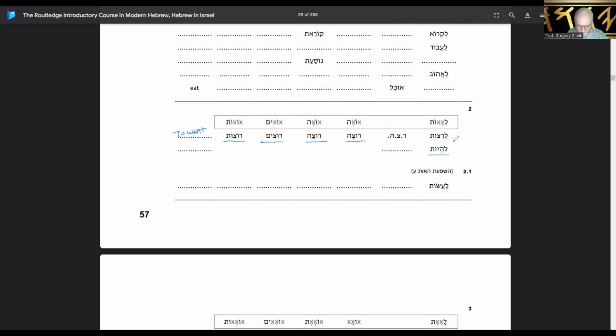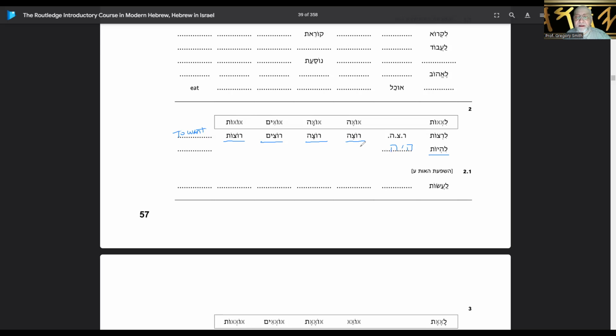Lamed hey yod. Hey yod, lamed tav. Oh, look at that. To be. That's part of to be. Lihyot, to be. So then the root would be hey, yod, hey. That's amazing.